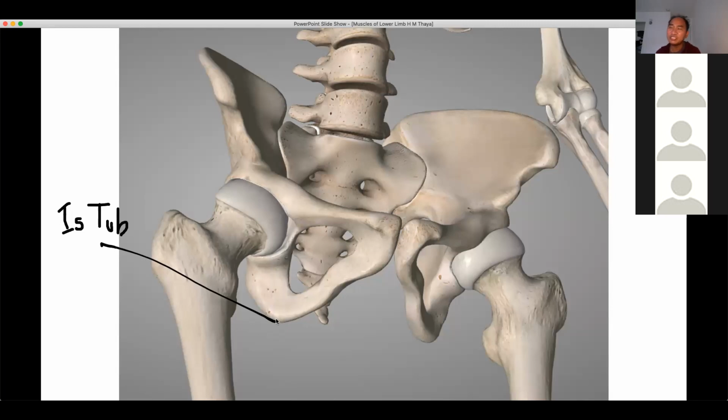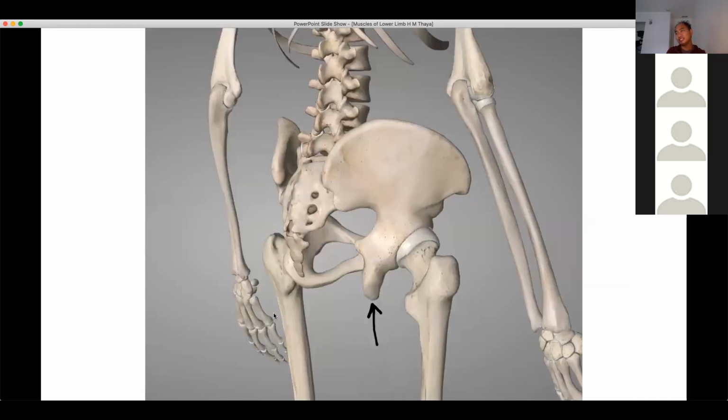So let's say if you are sitting now, then you are sitting on your ischial tuberosity, which is here, the bony band. That's the superior pubic rami. This is the inferior pubic rami. This is the pubic symphysis, and this is the ischial tuberosity. So if you are sitting on the ischial tuberosity, the origins of the semi-T, semi-M, and biceps femoris are from the ischial tuberosity. It is just here.